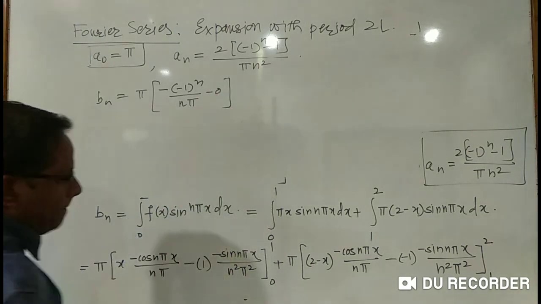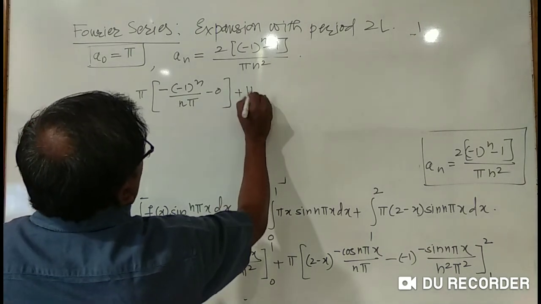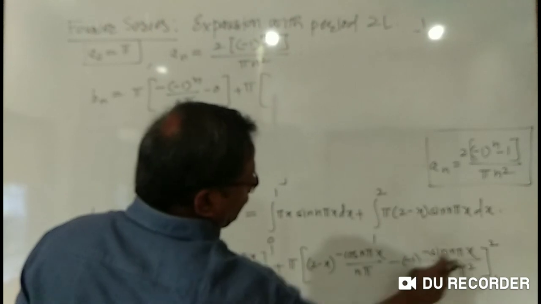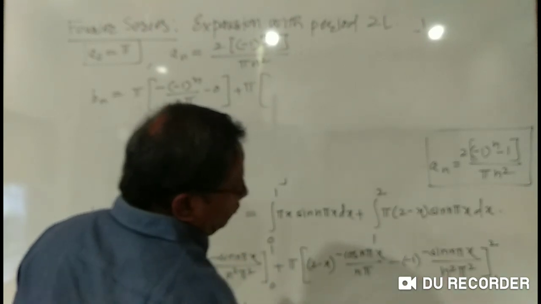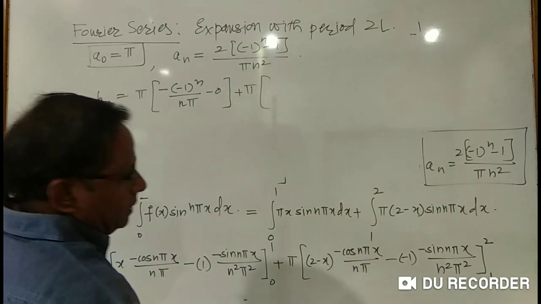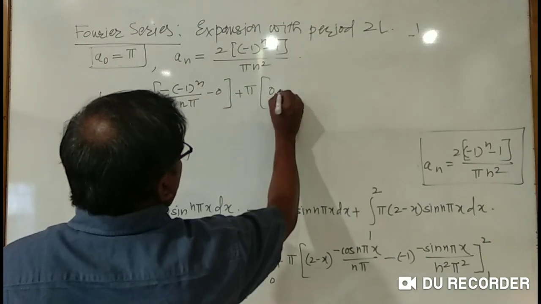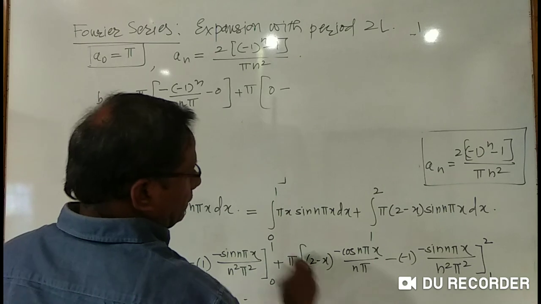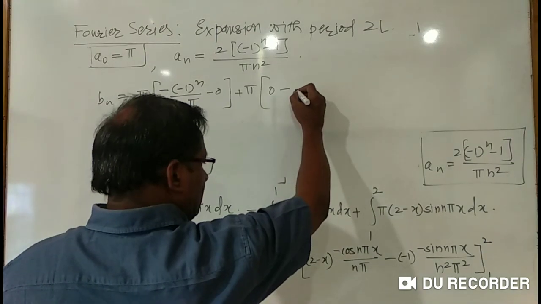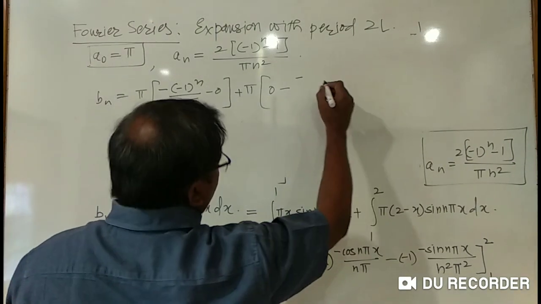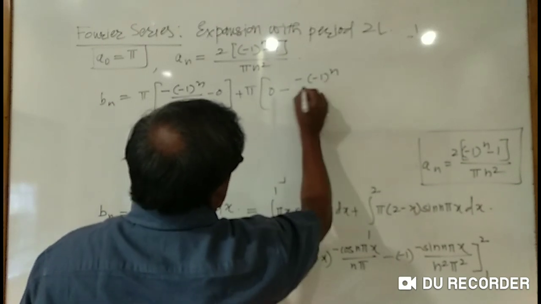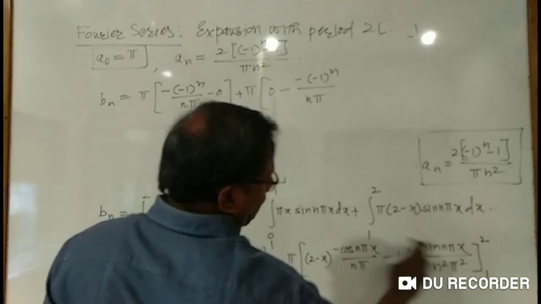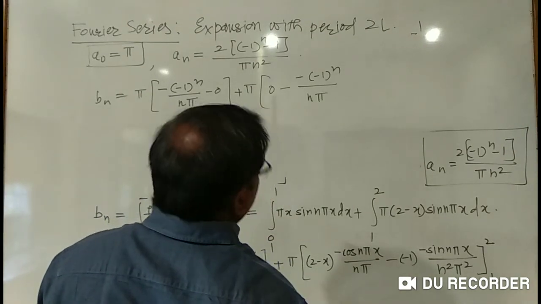Here this is plus pi. When you put upper limit x equals 2, this term vanishes, cos of 2n pi is 1 and sin 2n pi is 0. When you put lower limit, minus 2 minus 1 is 1. Minus of cos n pi is minus 1 raised to n upon n pi. And when you put x equals 1 here, sin n pi becomes 0.